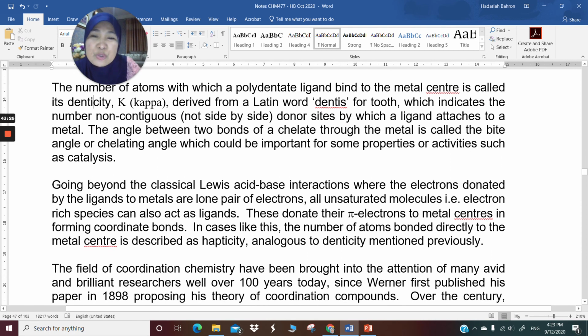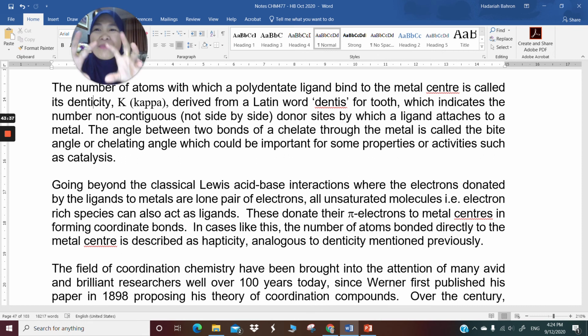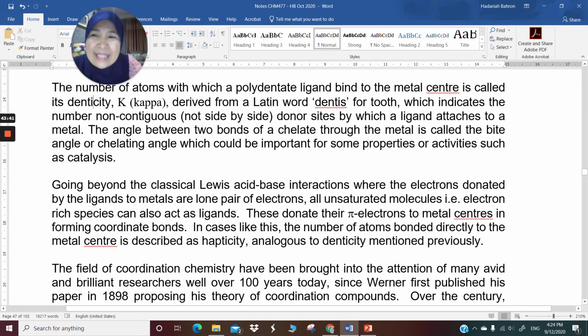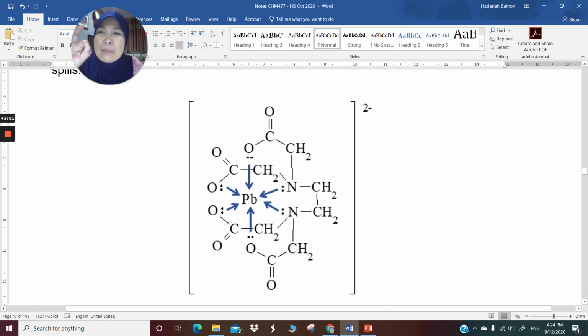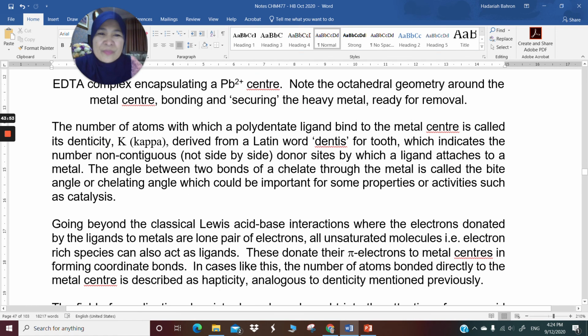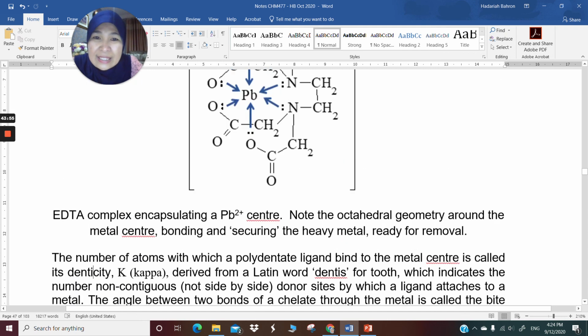The angle between 2 bonds of a chelate, which means claw. Lepas dia gigit, dia cekau. After it bites the metal, it becomes a claw attached. So the word dentis for tooth and chele for claw comes to mind because they do look like a split claw. It is called chelate.